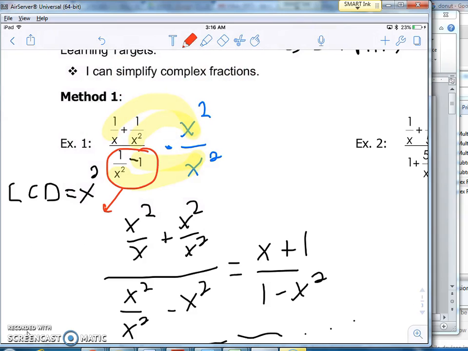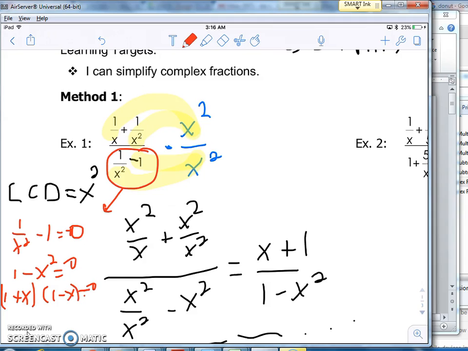So we need to know when 1 over x squared minus 1 equals 0. I would multiply every term by x squared, and you actually get 1 minus x squared equals 0. So 1 plus x and 1 minus x equals 0.